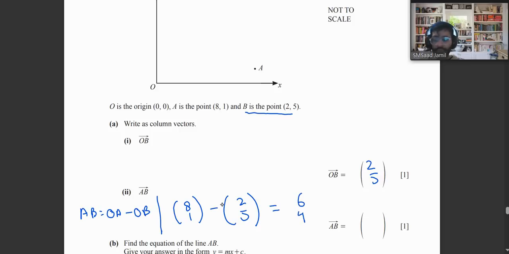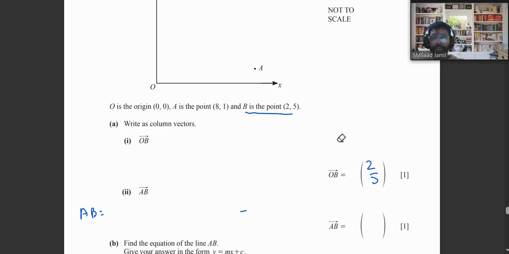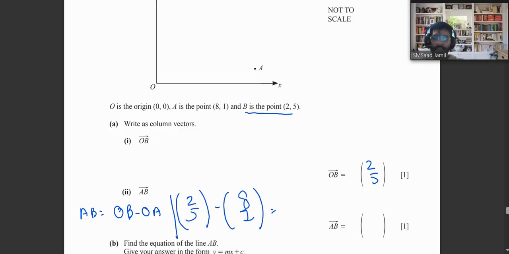Sorry, my bad guys. It's actually AB is OB minus OA. So OB is (2, 5) minus OA, (8, 1). So 2 minus 8 is negative 6 and 5 minus 1 is 4.